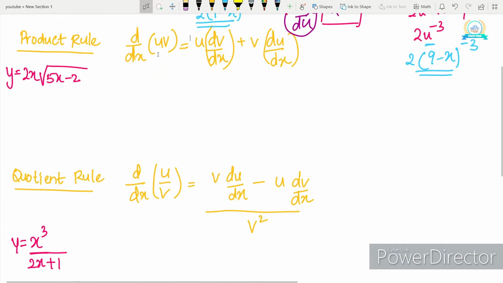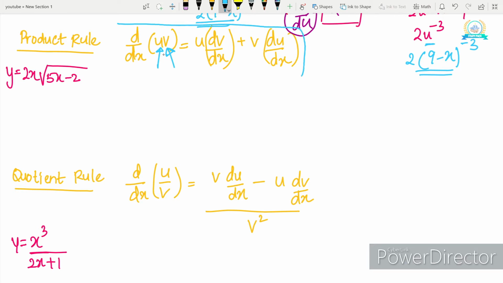And then moving on to the product rule. Again, not a hard one. The product rule is defined for the multiplication of two functions, and you just plug into this definition. You first write one function, and then you multiply it with the derivative of the other function.